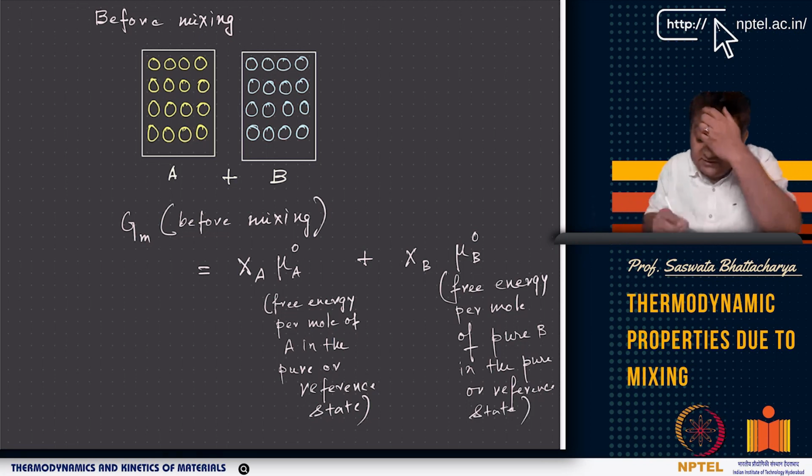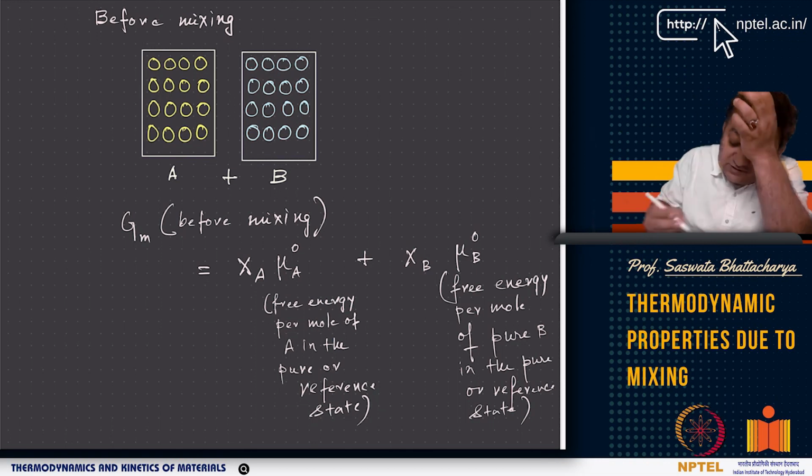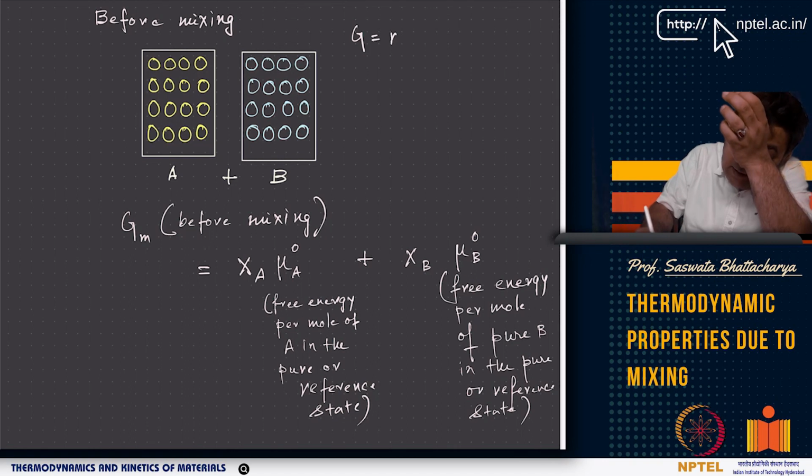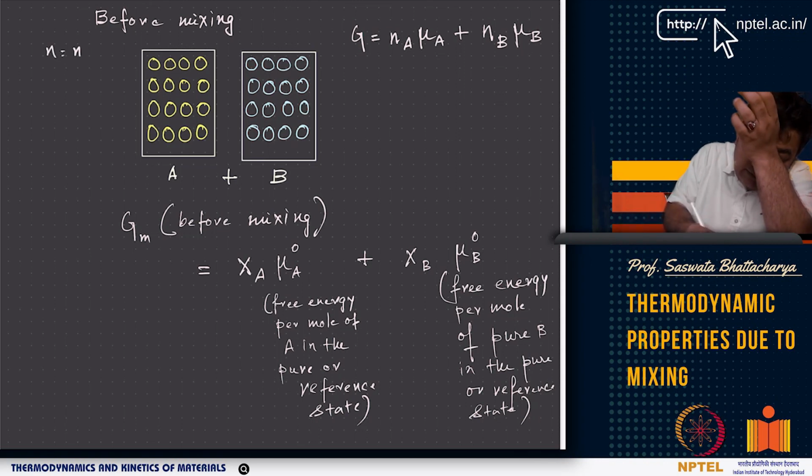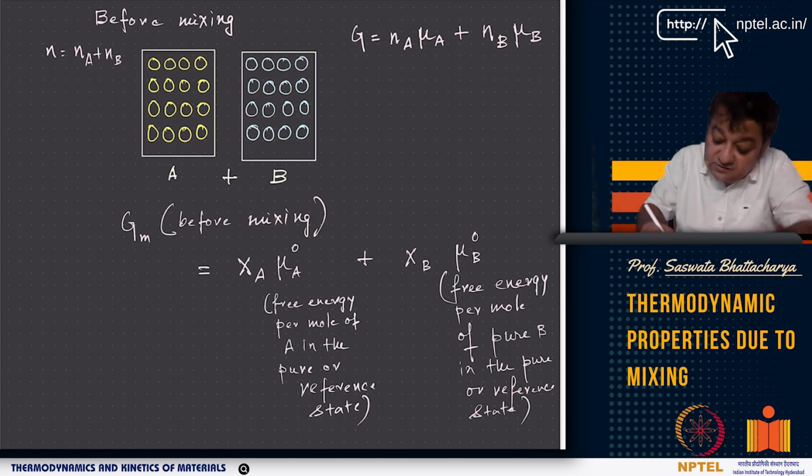So XA and XB are the concentrations. If I think of G, which is NA mu A, since G is an extensive property, plus NB mu B. Now N equals Na plus Nb, and dividing by N, G by N becomes Gm equals, now here it is mu A 0, here it is mu B 0.